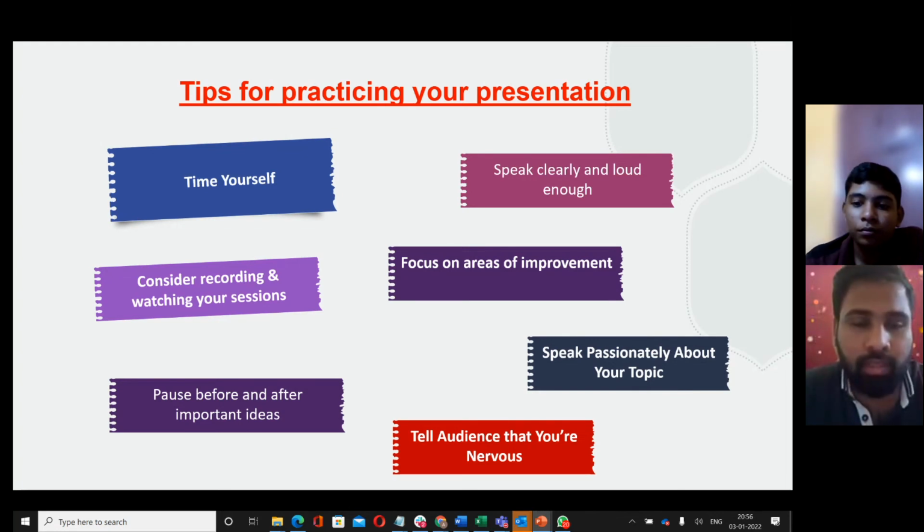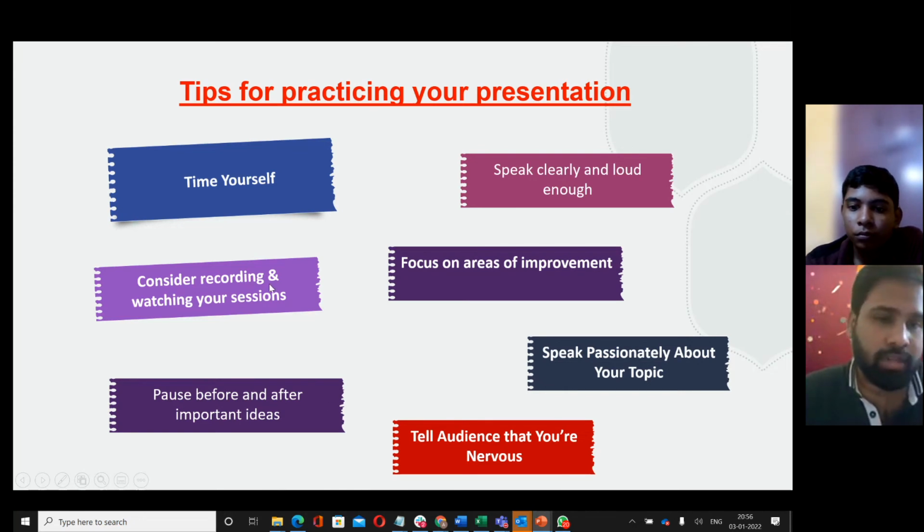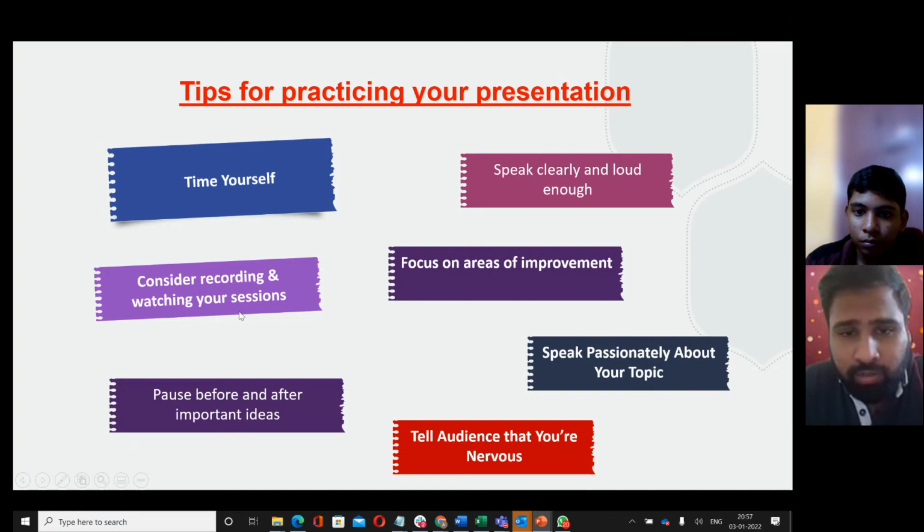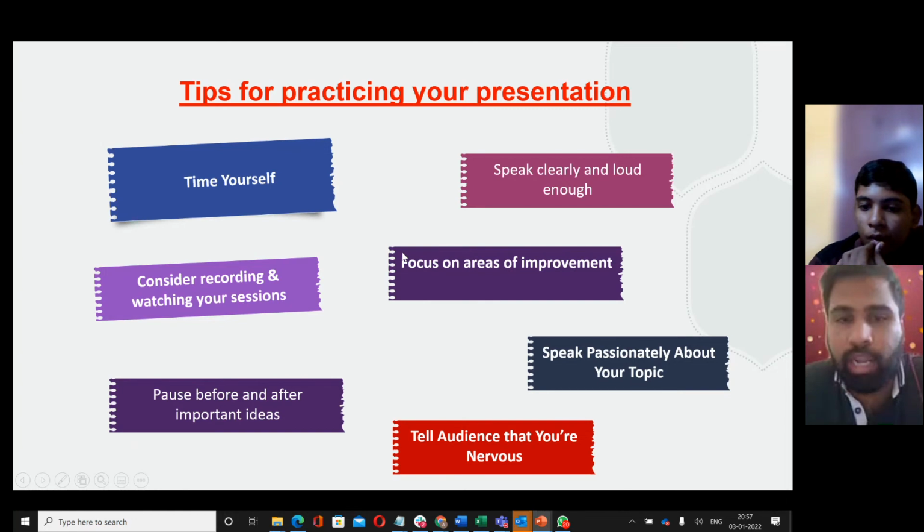Third point, consider recording and watching your sessions. You know this, right? Record it, know the time, and understand what the errors are. Again a repetitive point because it is important. After going through the errors, focus on the areas of improvement, for example your body language.